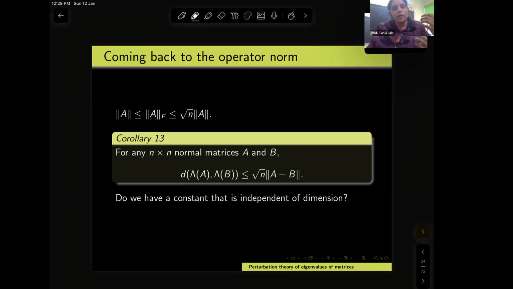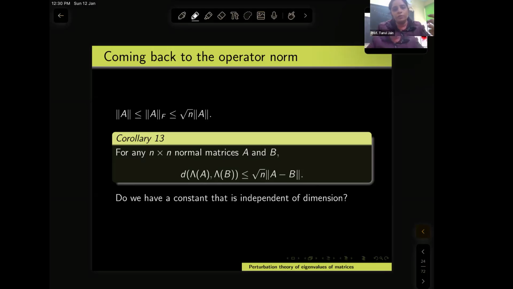That is something like the maximum norm in Cn and the Euclidean norm in Cn. Just take normal matrices: for a normal matrix A, my Frobenius norm is the summation of mod lambda i square to the power 1 by 2. That is the Euclidean norm of the lambda i's.